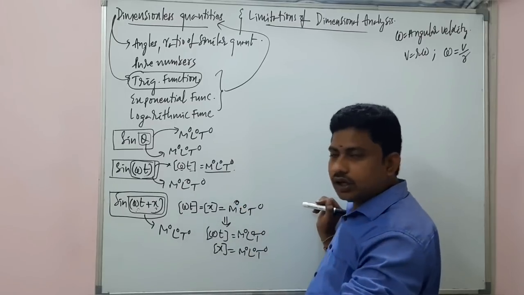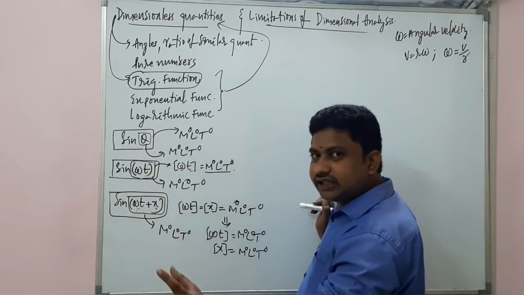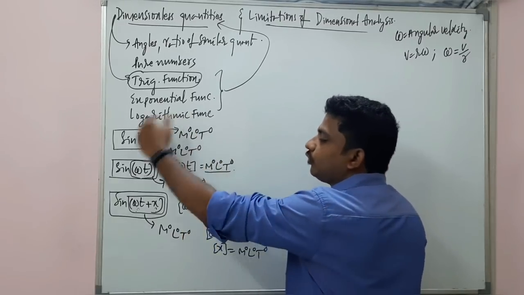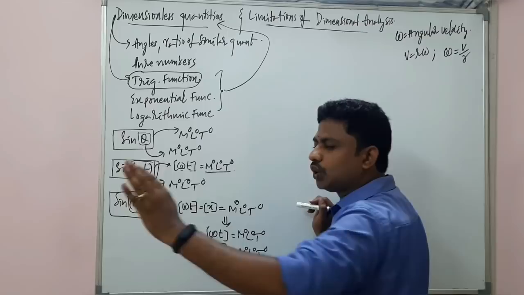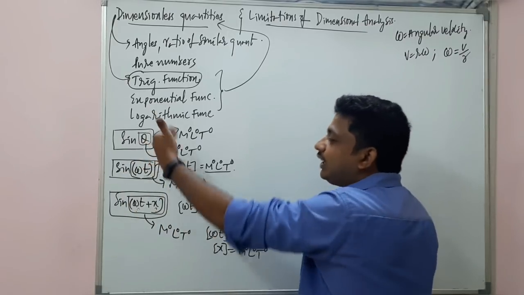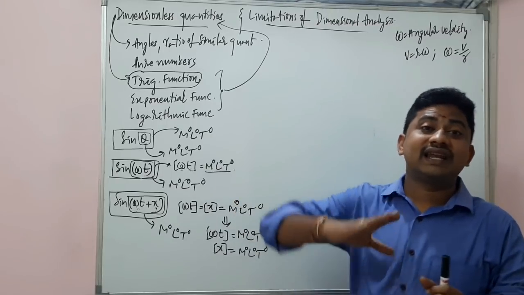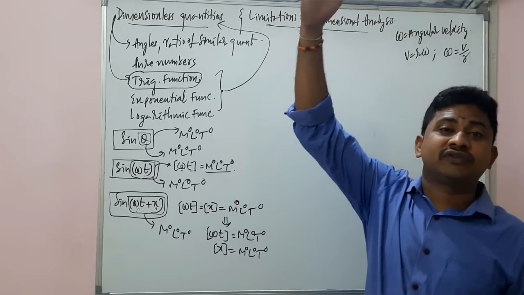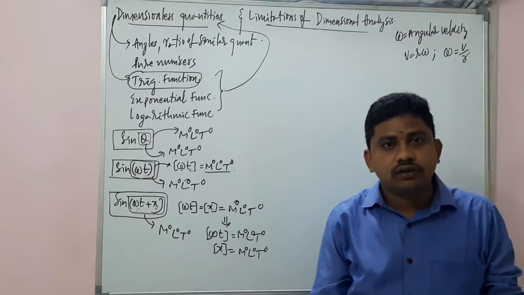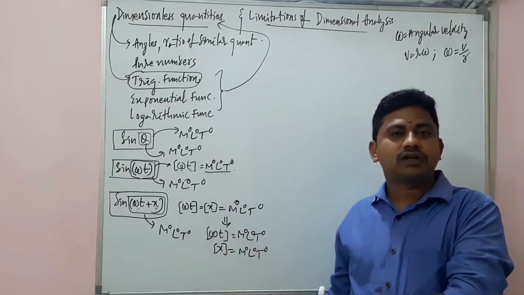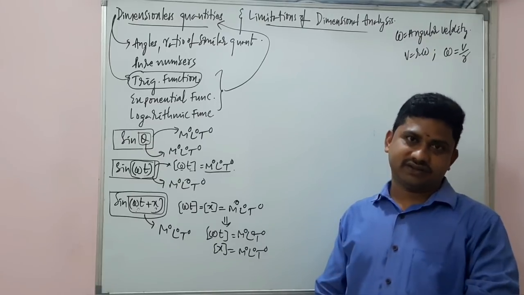And next, in the bracket, in place of theta, I have added one more physical quantity. So sine of omega t plus x. Do not get confused about the equations. Actually, these equations you will get in the last chapter of your first PUC. But what we can do now? This is the chapter called Units and Measurements.